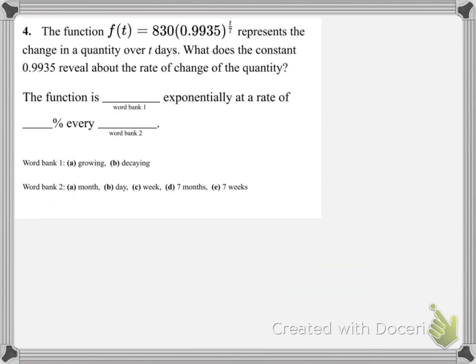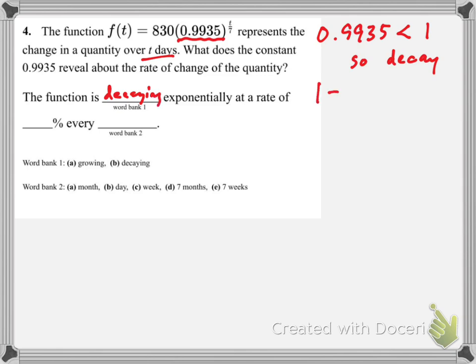Last one. Here's our number. T days. Okay. So 0.9935 is still less than 1. It's close. But it's still decay. So the function is decaying.